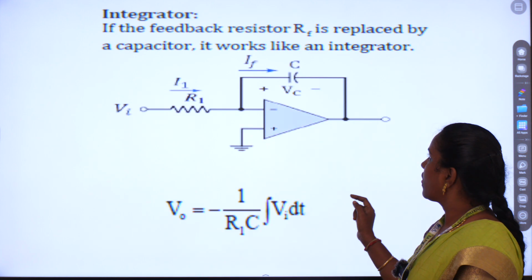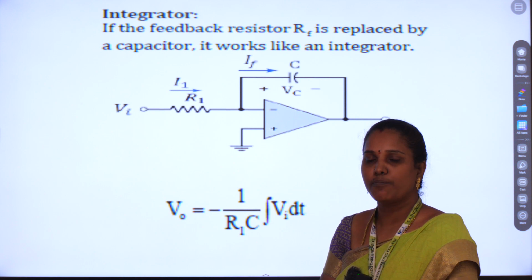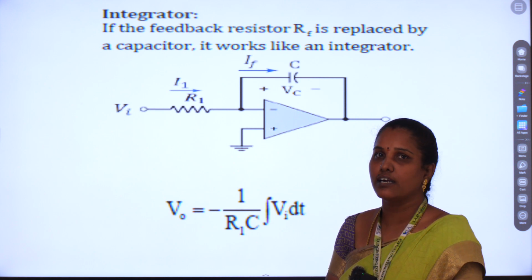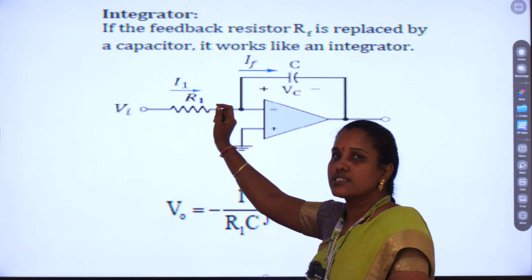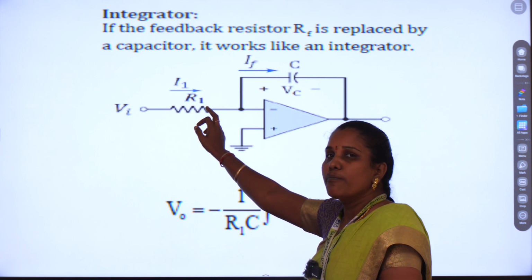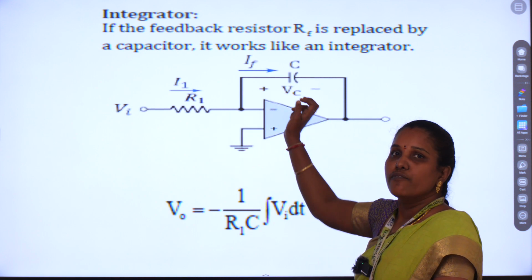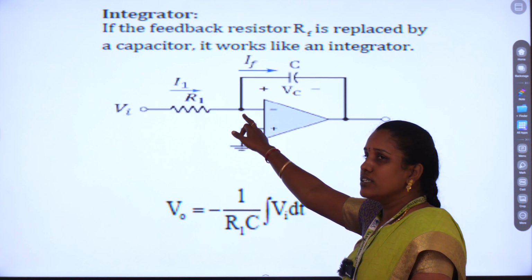Now the next application is the integrator. Your operational amplifier performs like an integrator. Integrator means you make the connections with a resistor on the input side and a reactive component, a capacitor, on the feedback side. Using this R and C, in the ideal case this node voltage is 0.